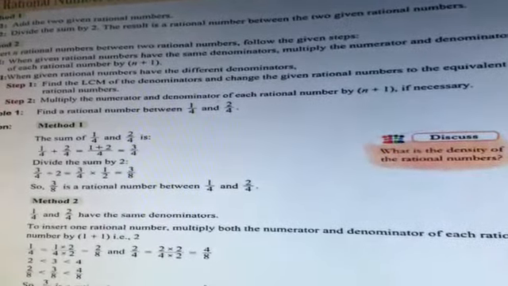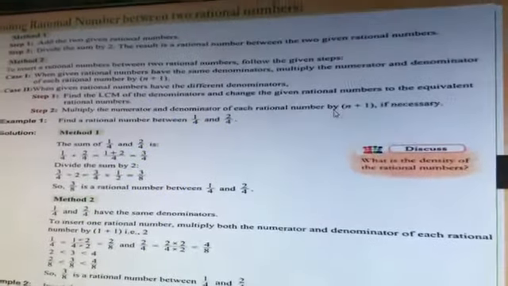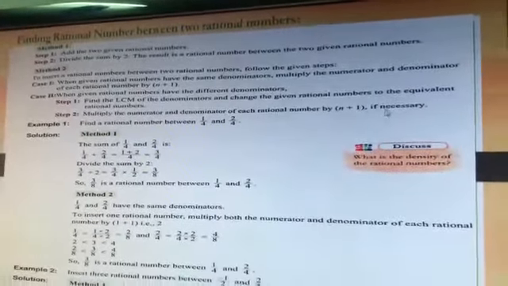And step 2: multiply the numerator and denominator of each rational number by n plus 1 if necessary.